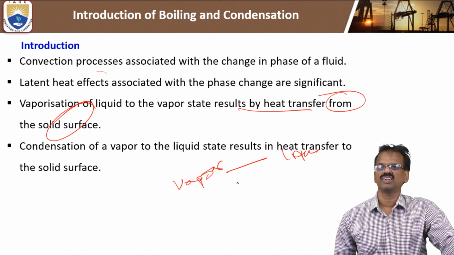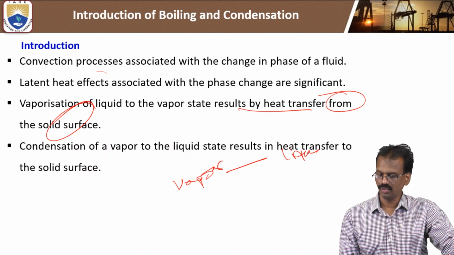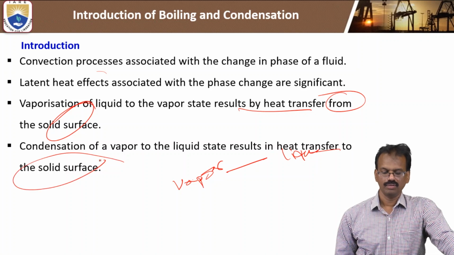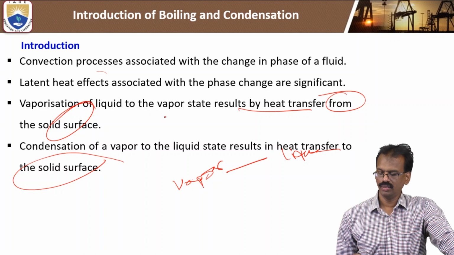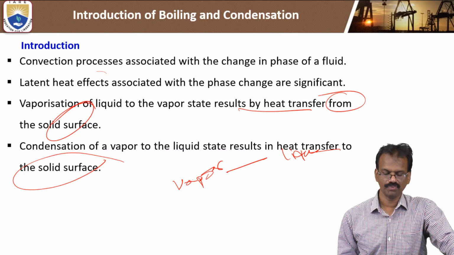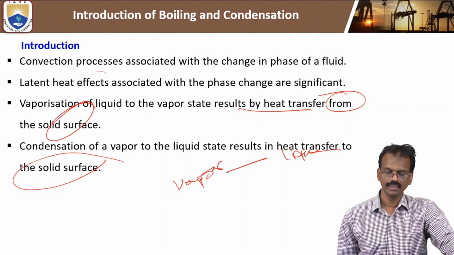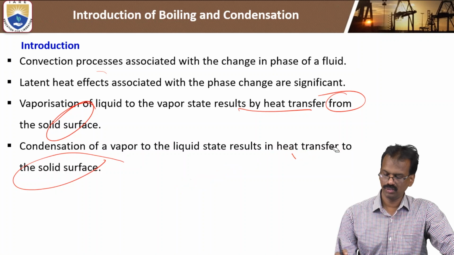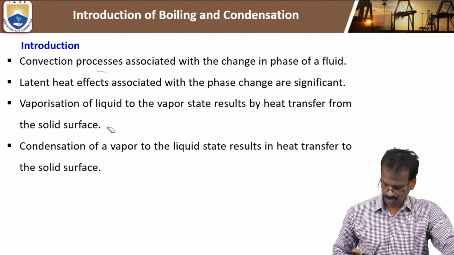This one also results in heat transfer to a solid surface. It means in boiling, heat transfers from the solid surface to the fluid. In condensation, heat transfers from the vapor to the solid. We'll see these things. So how to observe this one.